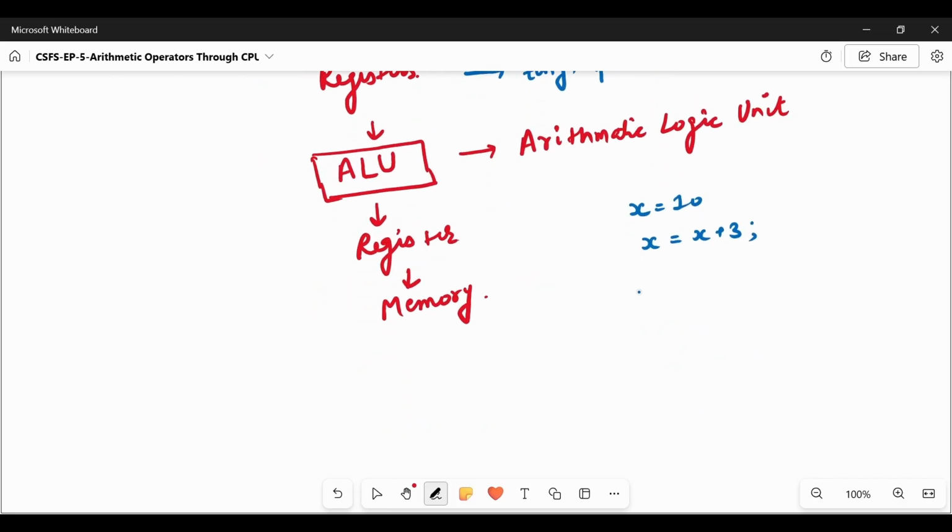Inside the assembly you will see this: first load x and move this value to a particular register. X has the value 10, it will be moved to R1. Now we have to add 3, so R1 has the value 10, add 3 to it. And then move back, or store, R1 into memory.